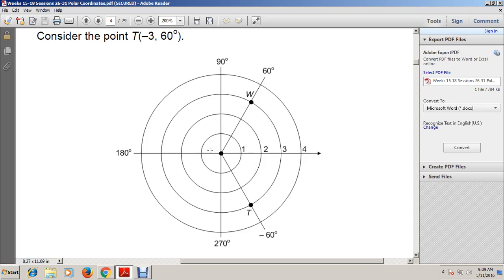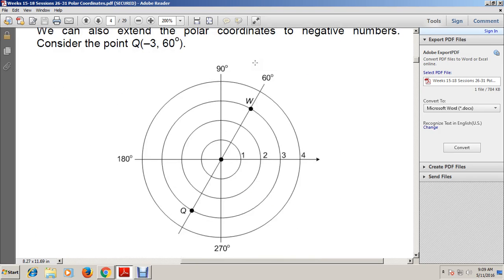Okay, so just like what we have done in our previous two examples for W and Q, whenever we have a magnitude in its positive sense, the coordinate is measured from the positive x-axis, and a positive angle is always measured counterclockwise.